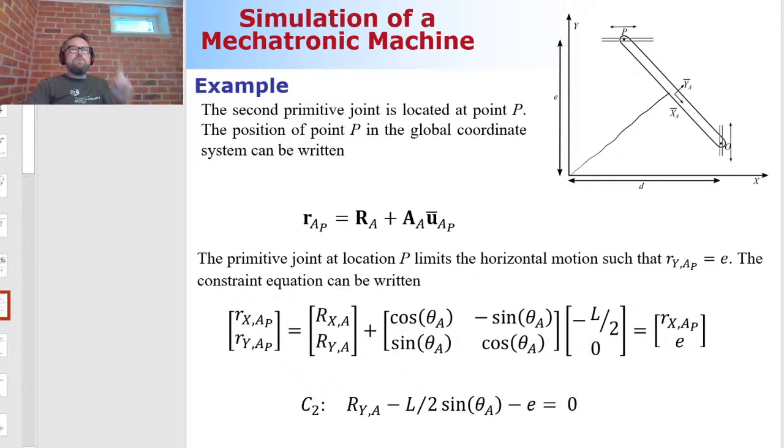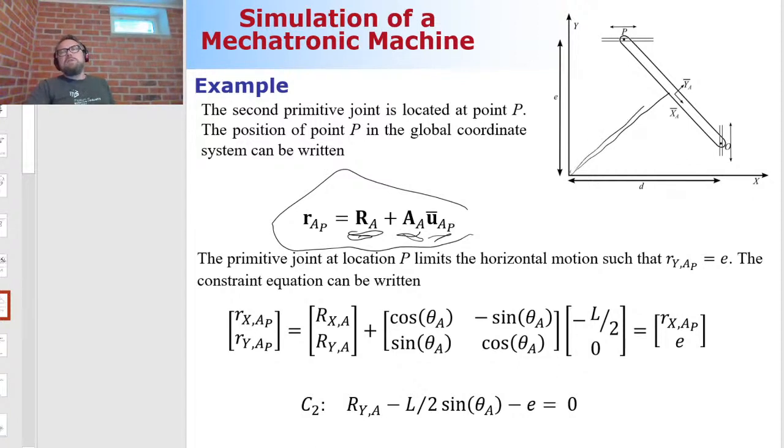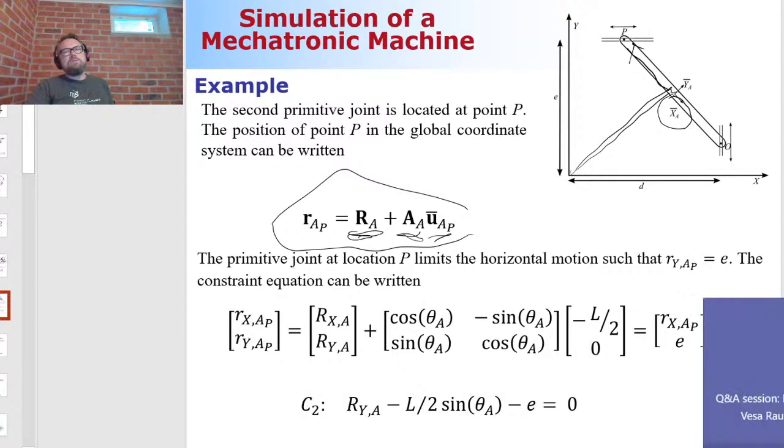You always have to use this equation, meaning that you first have to go to the origin of the body reference coordinate system, then you have to take the rotation into account, and then you use vector u bar. And now this time we're going to travel here. We're going to take the orientation into account, and we're going to go to point P. Now we need to travel along the minus x direction in the body reference coordinate system.